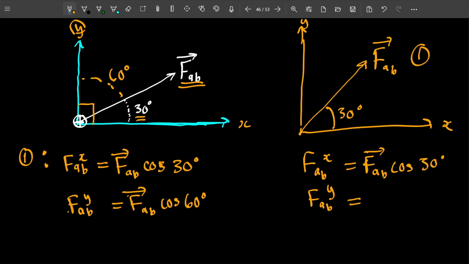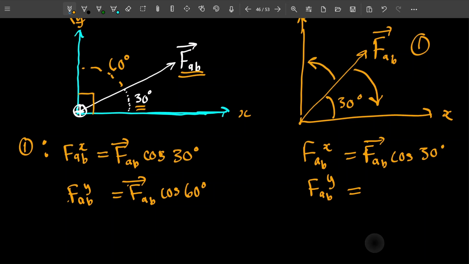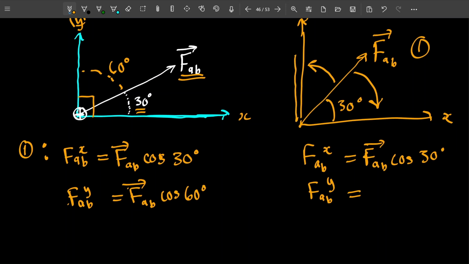To find the one in the y, when you are closing into your angle, you say cos. When you are opening away from your angle, because now to go to the y, you want this FAB to stand upright like this.